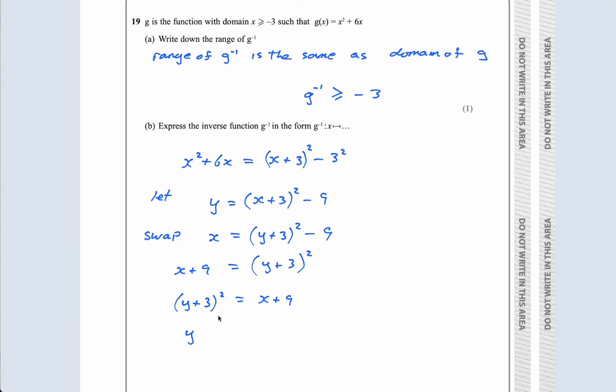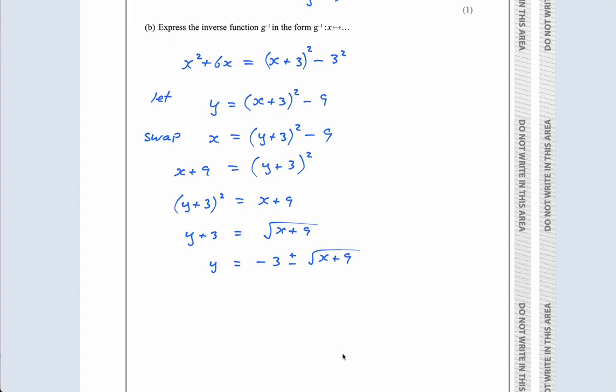So y plus 3 equals the square root of x plus 9. And then I'm going to say y is then equal to minus 3, because I'm going to subtract this 3, minus 3 plus or minus root x plus 9.